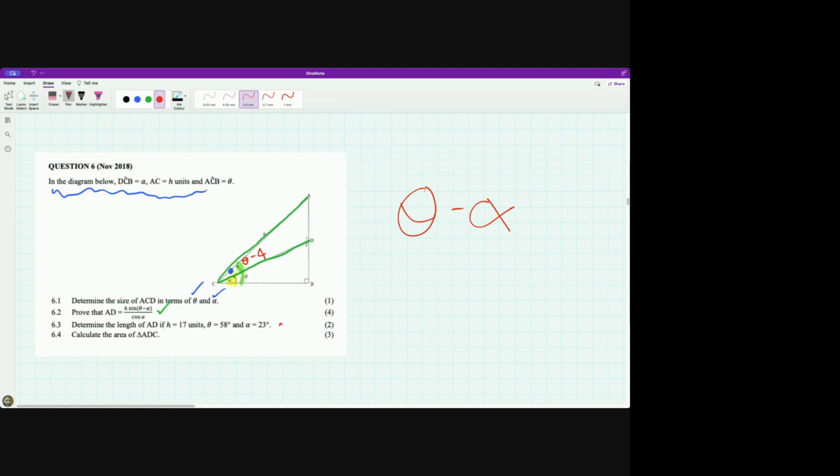And if you get stuck, I want you to ask questions, but really you can answer this question using 6.2 and what they give you. And what they ask is, what is the length of AD? And AD is just sitting up here, but you can use what they've given you to find what that is. What do I really need to do 6.3?